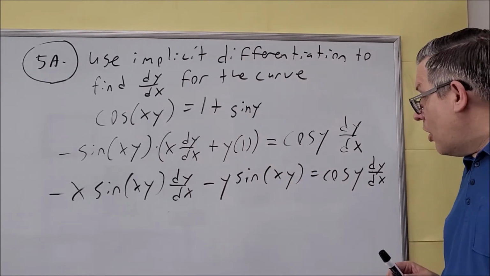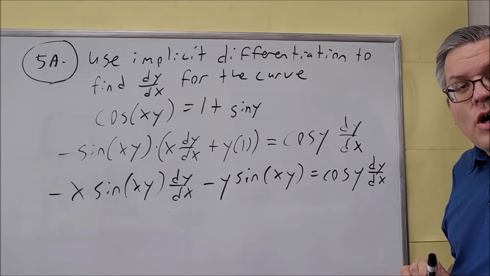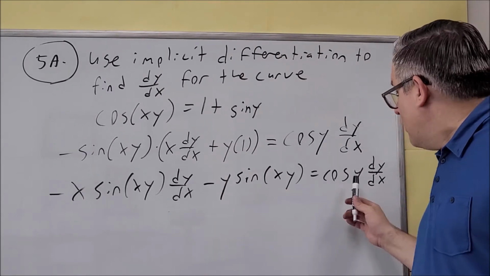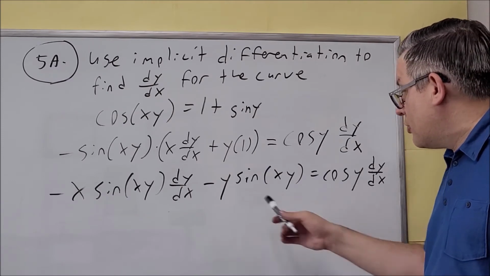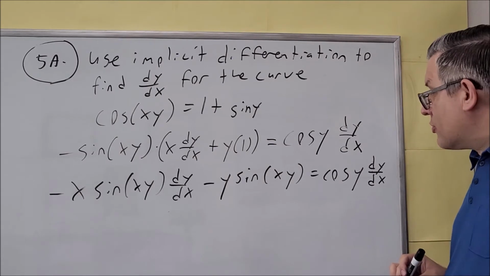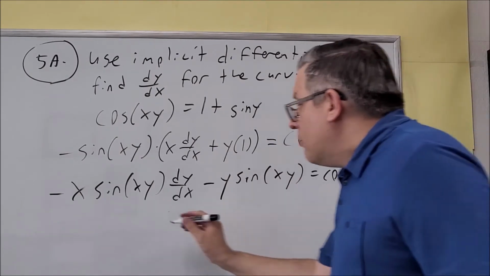So now we want to get all of the dy/dx terms on one side of the equation. So we're going to take this cosine over here, and I'm going to subtract it over, or you could also add this one. Whatever you want to do is fine. Let me just bring that one over and make them both negative.